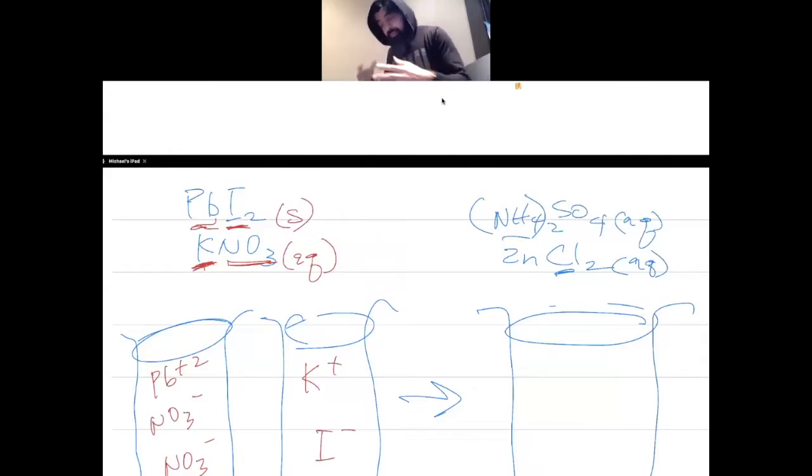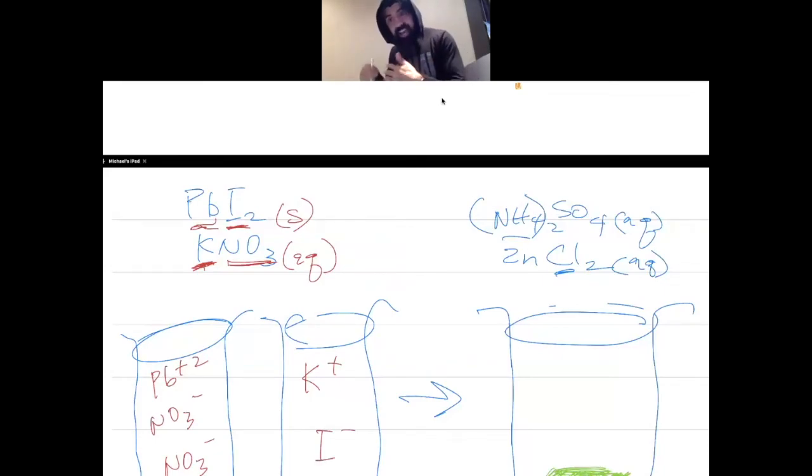When they get mixed together chemically, the PbI2 solidifies. It crystallizes at the bottom, forming the precipitate. So at the bottom here, this is the PbI2 that has precipitated. It's actually clumped together.